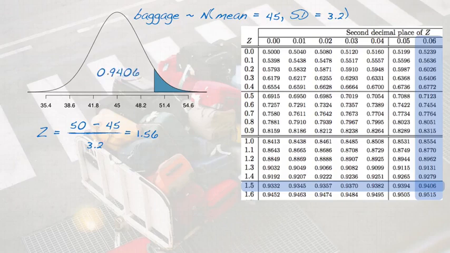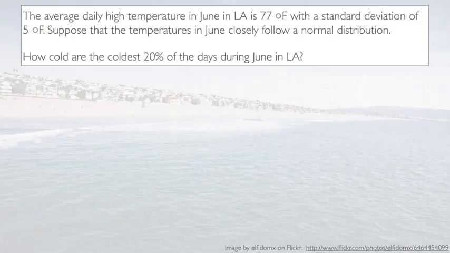Remember, this is going to be the area under the curve below 50, and to find the area above, we simply need to find the complement, which once again gets us to the same value, roughly 5.9%.